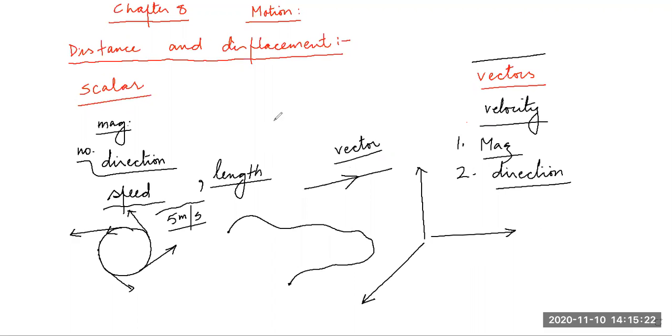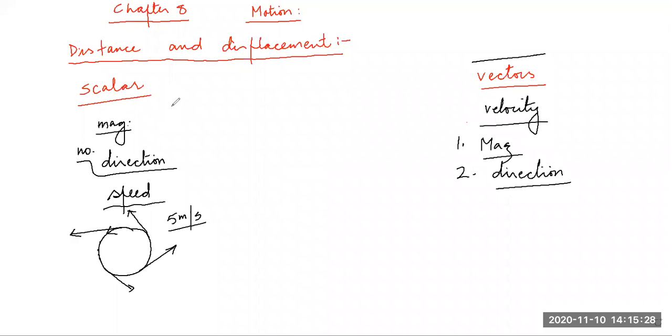Fine. Then other examples of scalar and vector may be force, which is a vector quantity because whenever I talk about a force, there is a particular direction of the force and also magnitude. Similarly, momentum P, which is a product of mass and velocity, not acceleration.